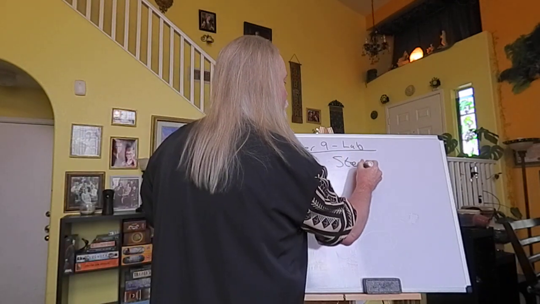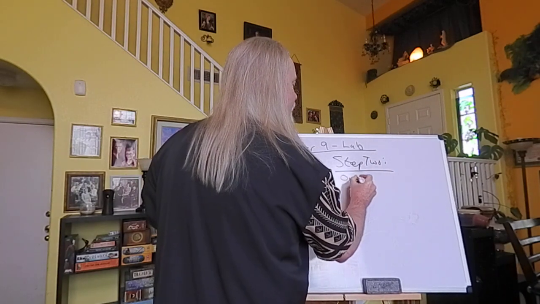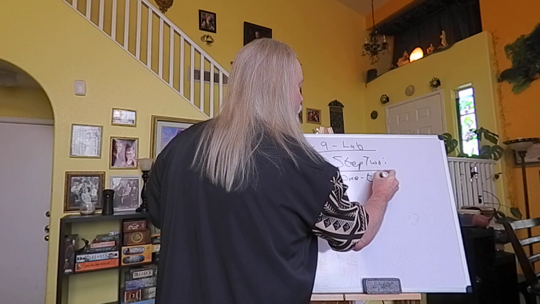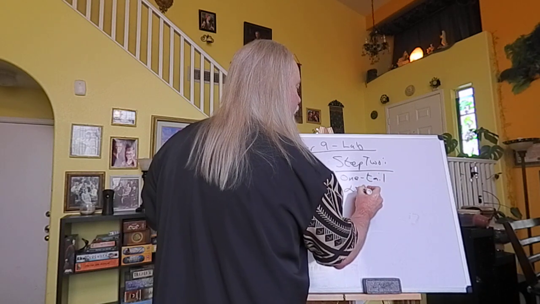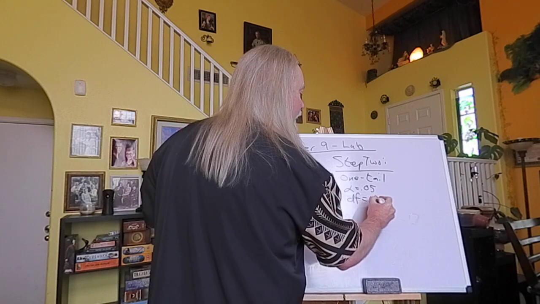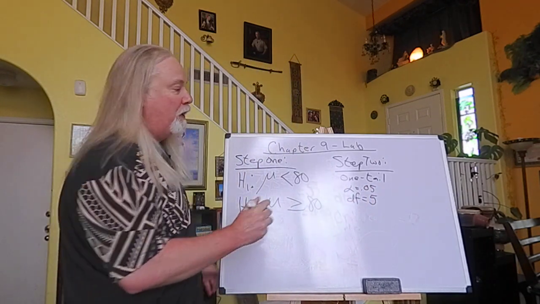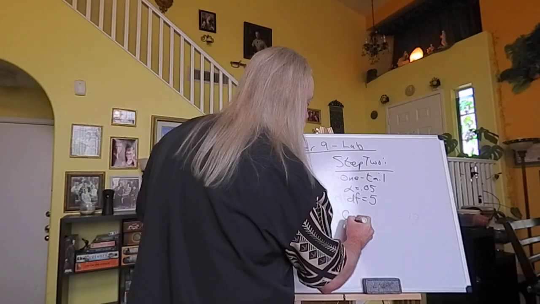So for step 2, we now are running a 1-tailed test, keeping the alpha level at 0.05, and our degrees of freedom is still 5. We're not changing the sample size, so we still have the same degrees of freedom. But that's going to move our critical t.